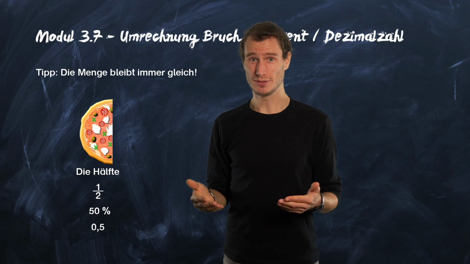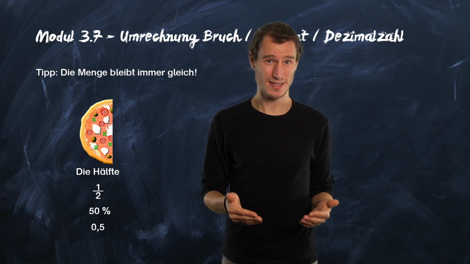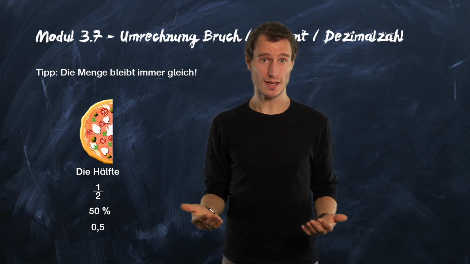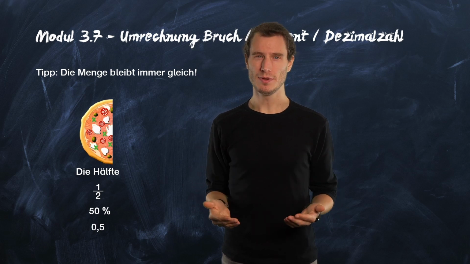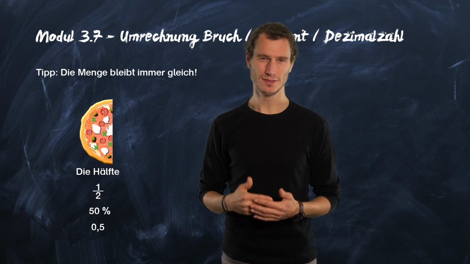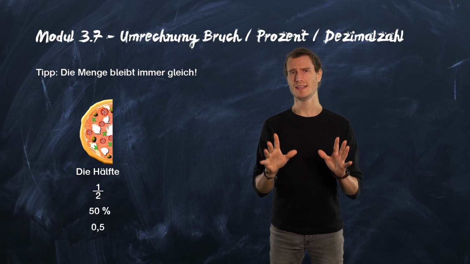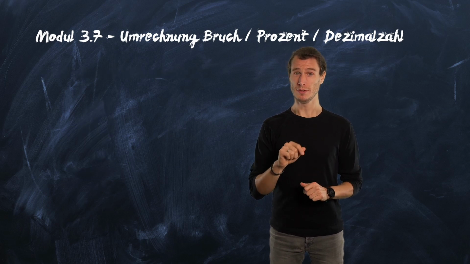Even if the numbers differ, the amount they describe, in this case the amount of pizza which I have eaten, remains the same. That is half of a very yummy pizza.